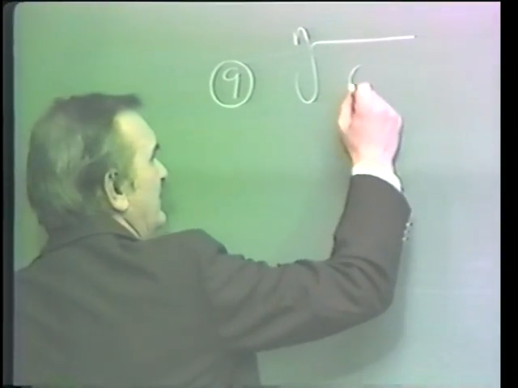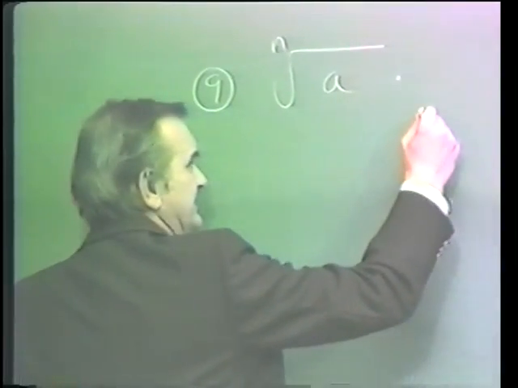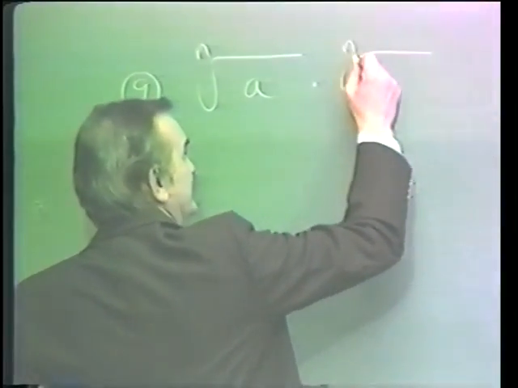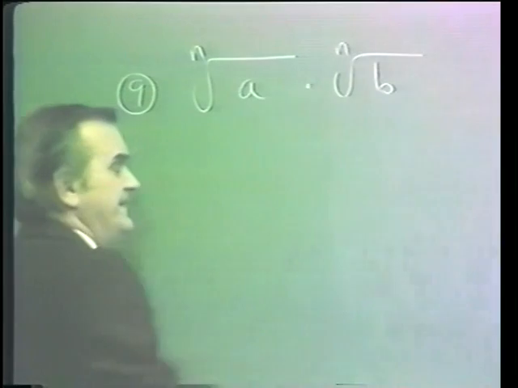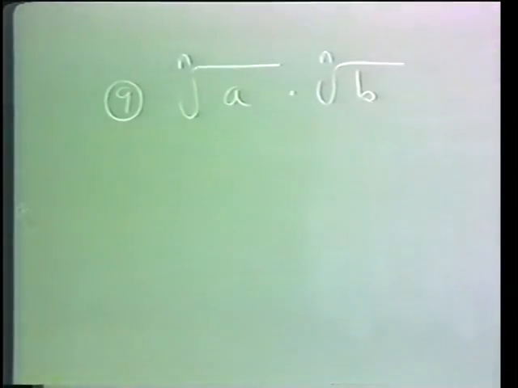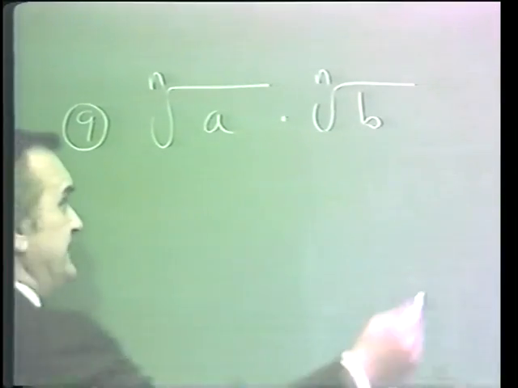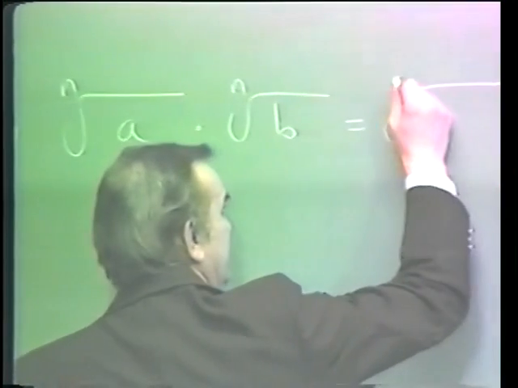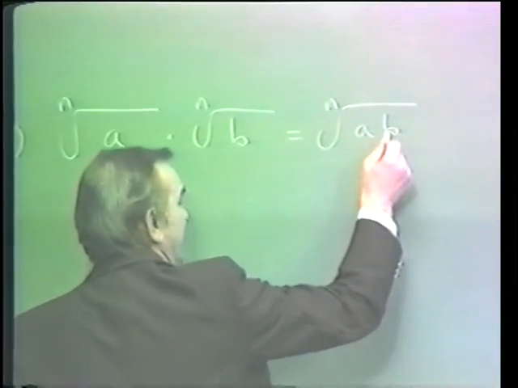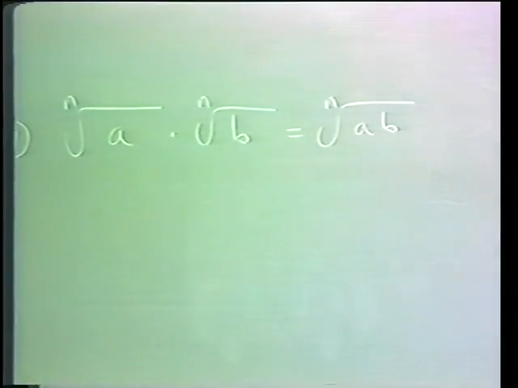So we're going to first of all talk about multiplication of radicals. The nth root of A times the nth root of B is equal to the nth root of AB.